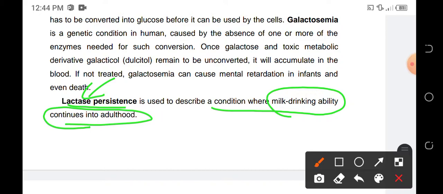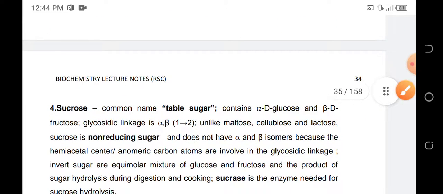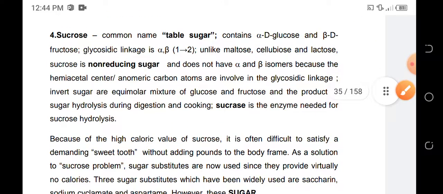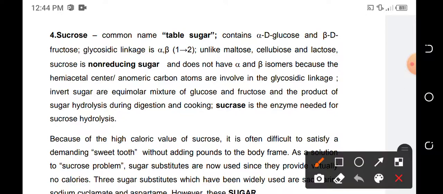Pero if matanda ka na and your lactase level is still high, then that's the condition known as lactase persistence. And the last disaccharide is sucrose, also known as the table sugar. So ito yung meron tayo sa bahay, mga table sugar natin. The monosaccharides present here are alpha D-glucose and beta D-fructose.